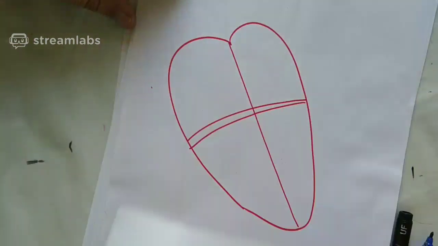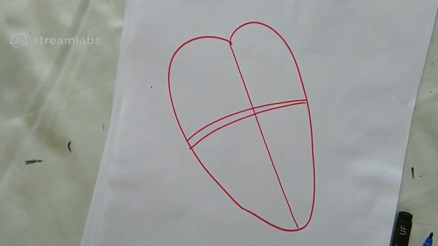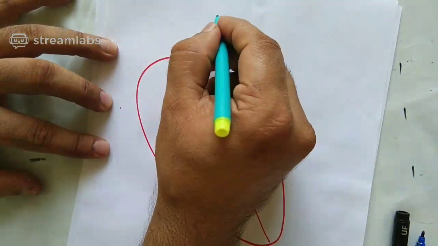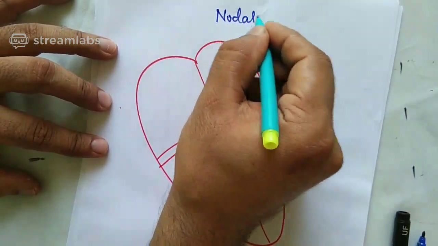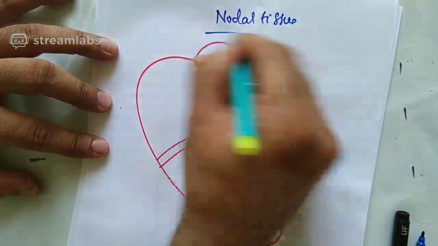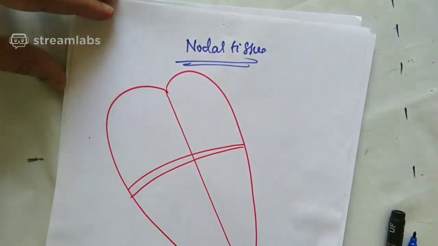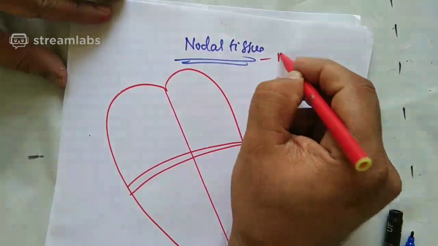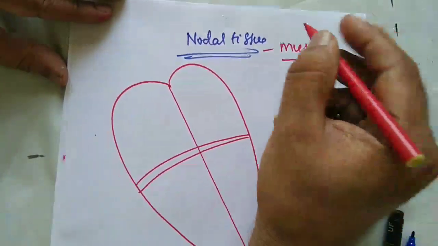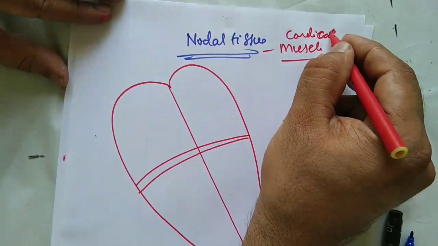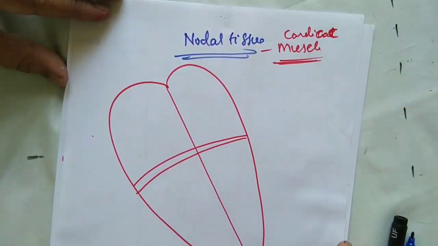After this aspect, I will be discussing some conduction system present in the heart. The conduction system present in the heart is because of nodal tissues. You tell me, nodal tissues, are they neurons? No, they are muscles. Which muscles? Cardiac muscles. They are specialized cardiac muscle. Which one? Nodal tissues.